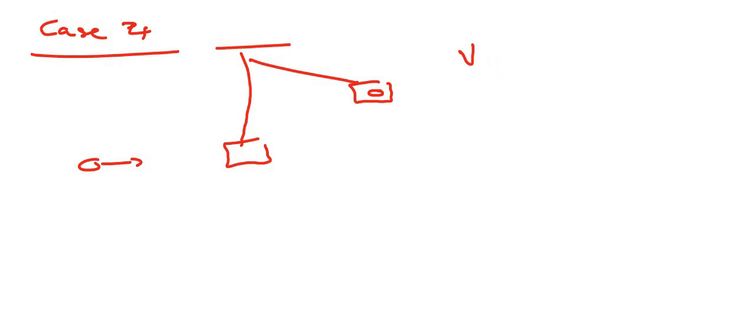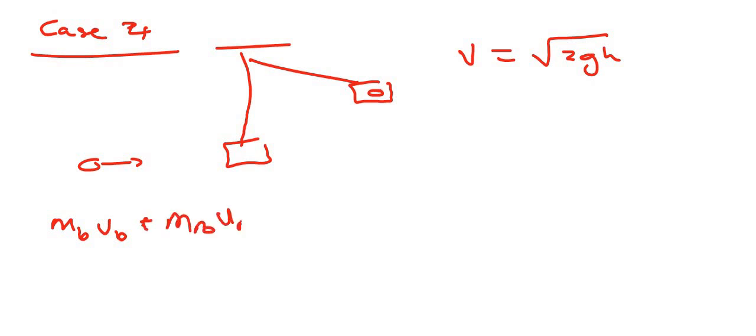V equals the square root of 2gh, and the mass of the bullet plus the mass of the block times the initial velocity is equal to the mass of the bullet plus the mass of the block multiplied by V. So we have two equations.